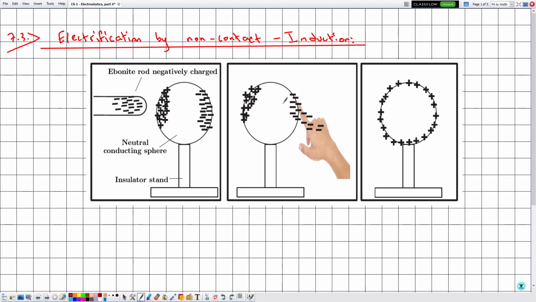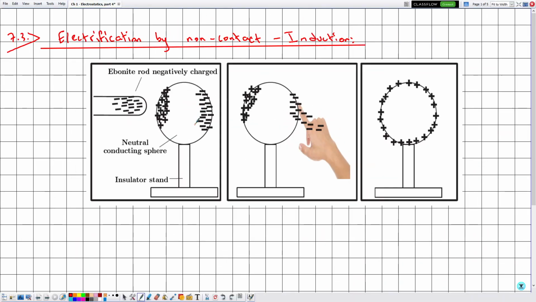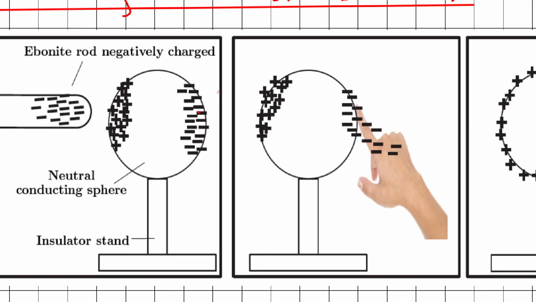Now, till this moment, because the title of this section is electrification, the sphere is neutral, it's not electrified. How are we gonna make it electrified? Simply by letting these electrons escape through any conductor, and this can be done by touching this place, and this is known as grounding.